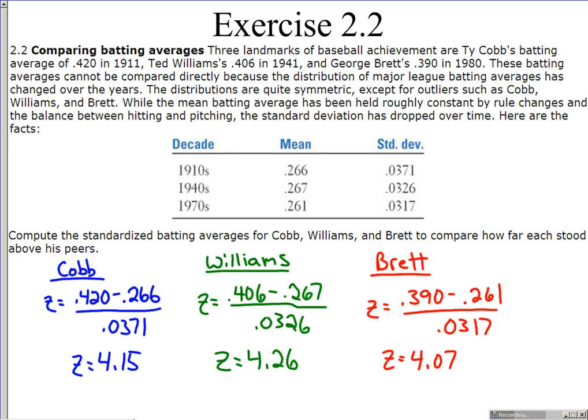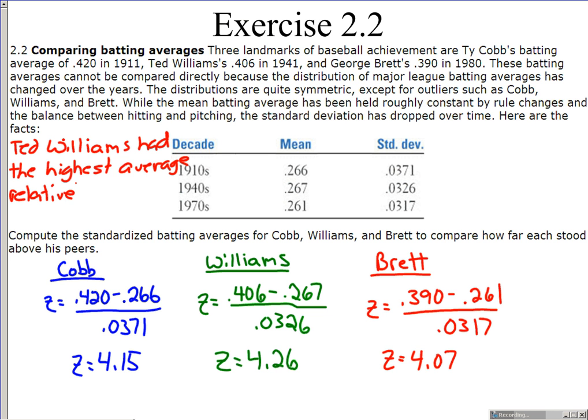So if we wanted to answer the question, which one of these appeared to have the best batting average relative to the time period in which they played, we would say that Ted Williams had the highest average, relatively speaking, meaning comparing that batting average to his peers within that decade.